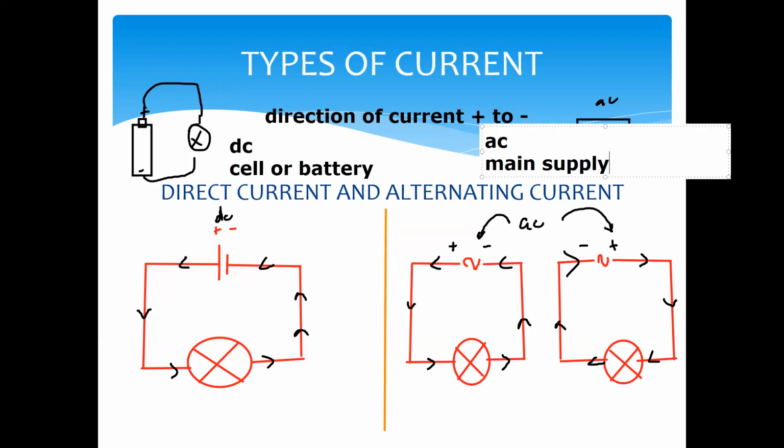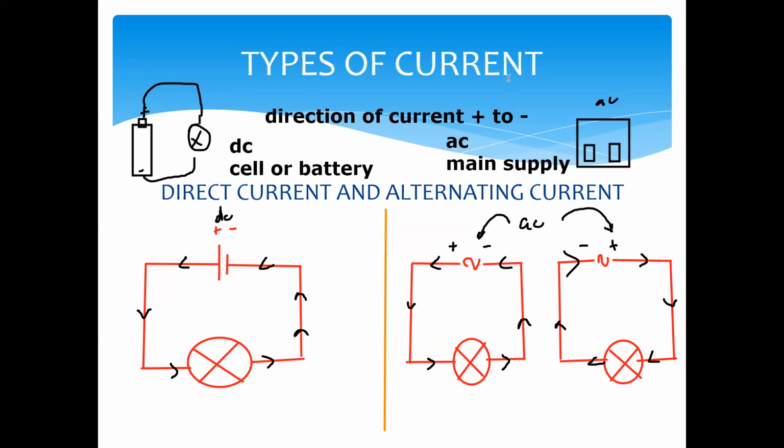The electricity which we use in our home is actually an AC supply, alternating supply. So it changes the terminal: first the left hand side is positive and the right hand side negative. Next moment, it changes the terminal, the right hand side will be positive and the left hand side is negative.